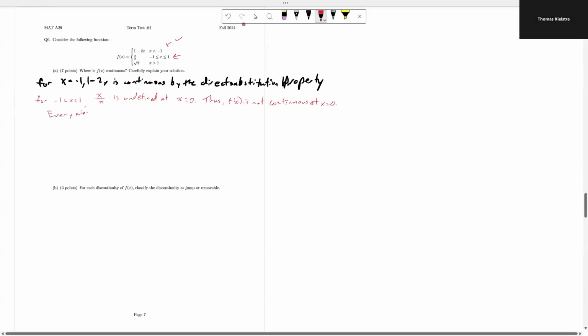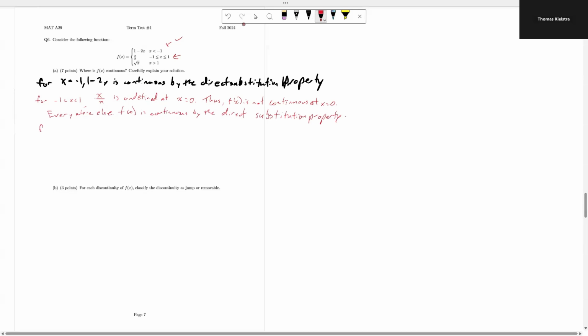Everywhere else, f of x is continuous by the direct substitution property. Lovely.